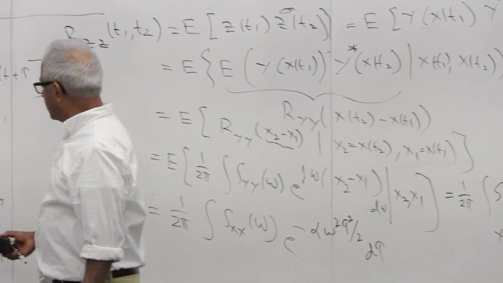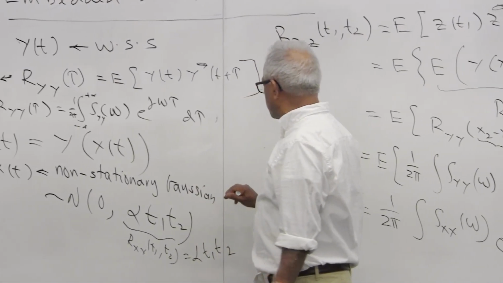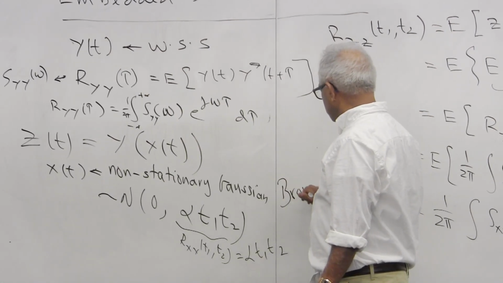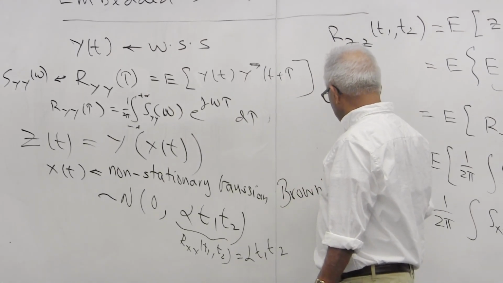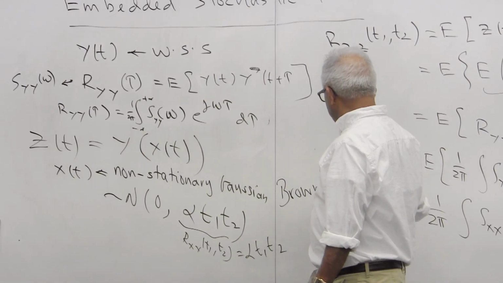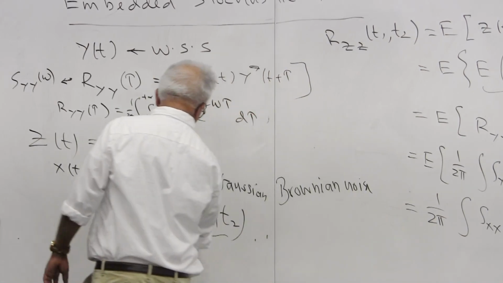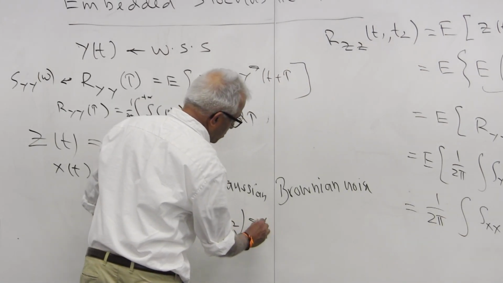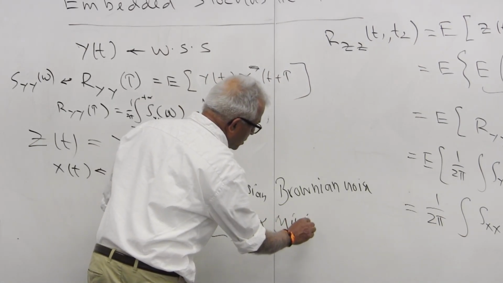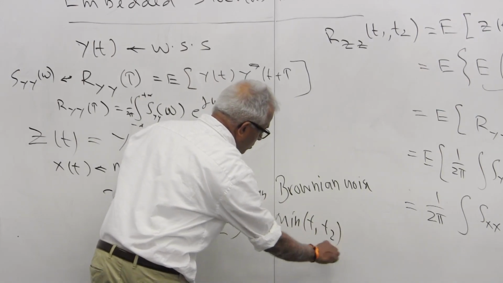So for example, if you take this to be Gaussian, but let's say Brownian noise, then the autocorrelation function will be alpha times the minimum of t1 comma t2.